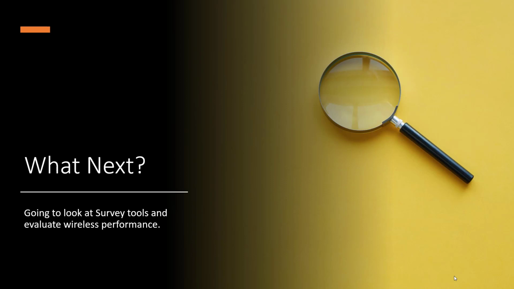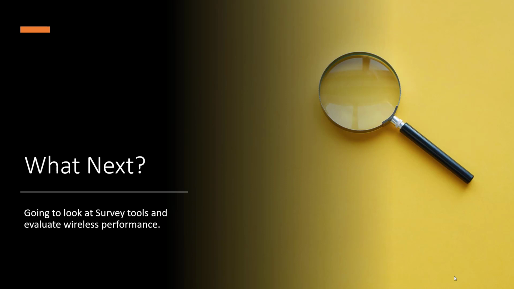In the next video, I'm going to look more into the survey tools. I'm going to talk about some of the freely available survey tools that can be used on your mobile phone or laptop to evaluate existing network performance. You can deploy them anywhere.